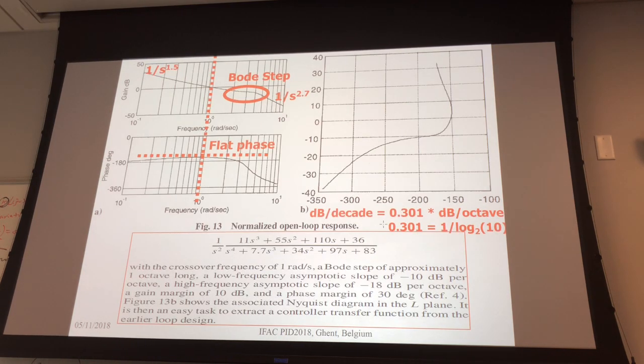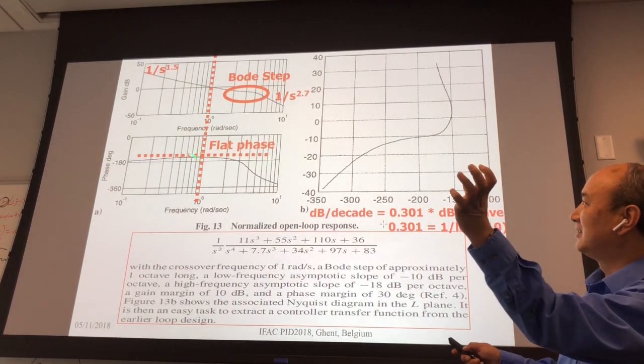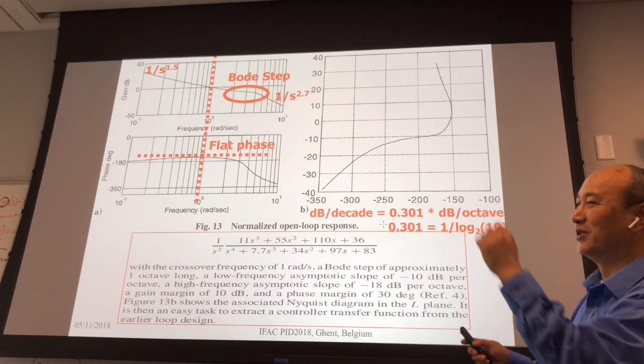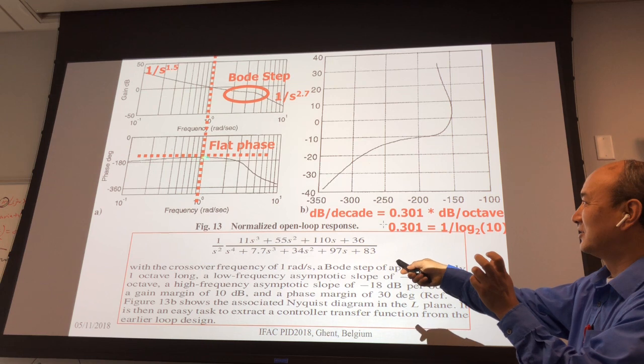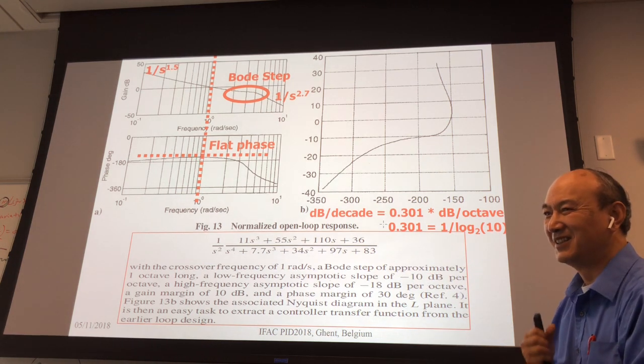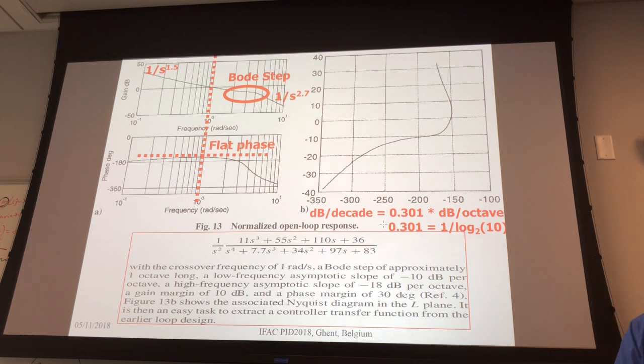Maybe it's a coincidence. So if you need a step in phase, you also need a step in Bode magnitude. So this is a step, and you also have a step in here. Make sense? Very interesting? Yes, very interesting.